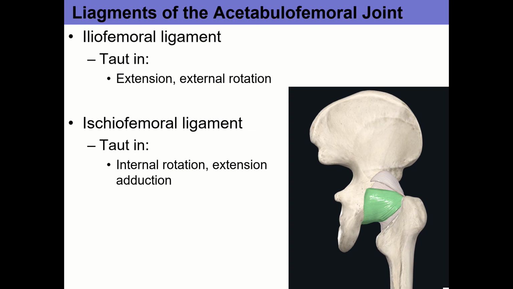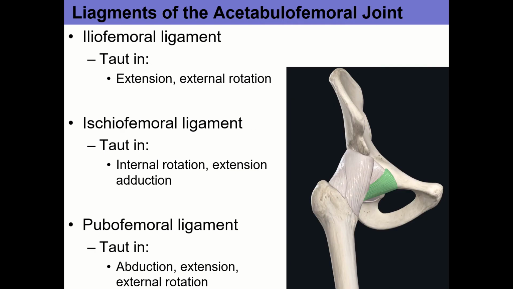And then the last one, of course, because the only one we haven't talked about yet is the pubis. The pubofemoral ligament is the one that's highlighted now in green. It runs from the anterior and inferior aspect of the acetabulum, or the acetabular margin, and also from an area called the iliopectineal protuberance, or iliopectineal eminence, that's the word I was looking for, which is this little bump right here on the ilium.